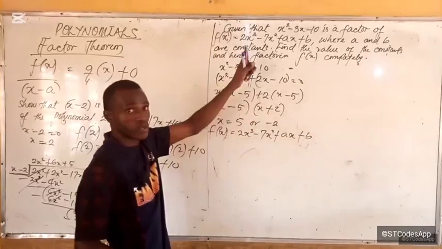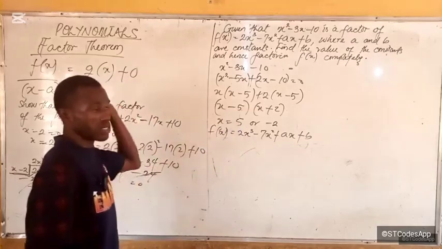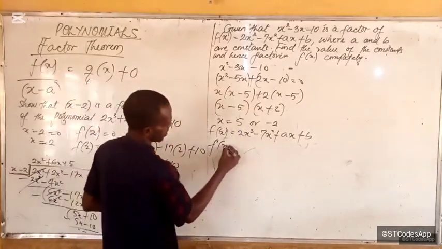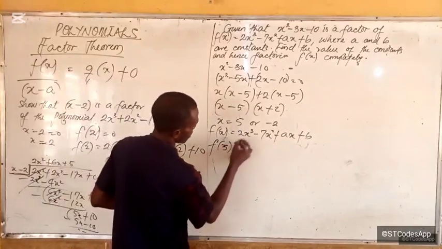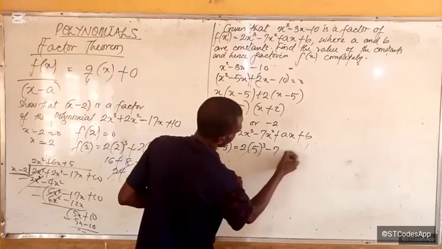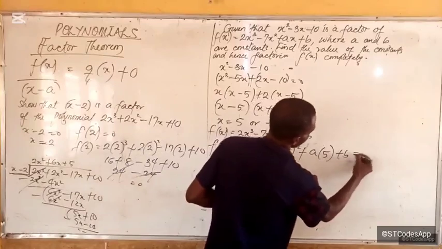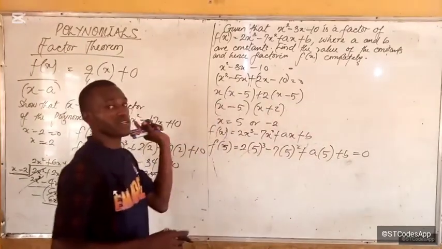That is what is given in the equation. So you substitute, given the remainder theorem: f of 5 equals 2 into bracket 5 raised to the power 3 minus 7 into bracket 5 raised to the power 2 plus a into bracket 5 plus b. This should give us 0 if it's a factor.